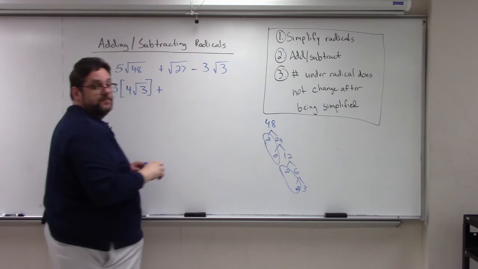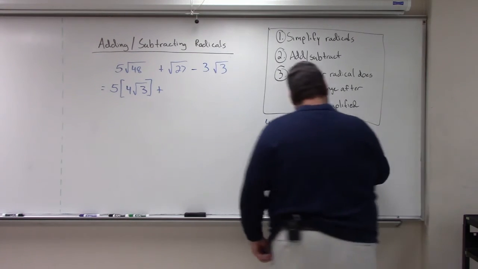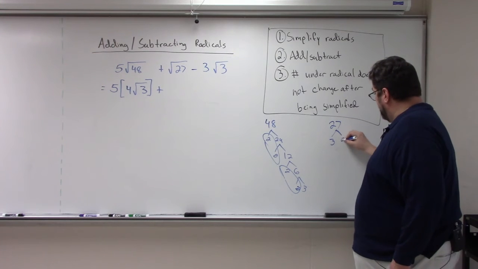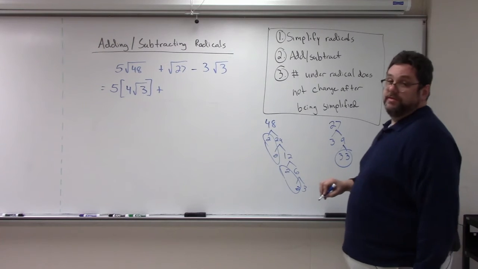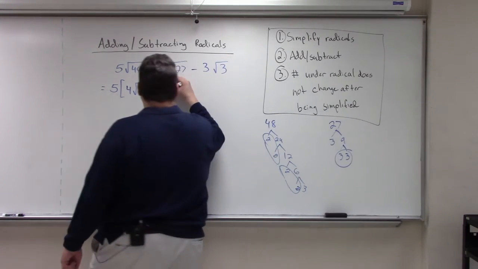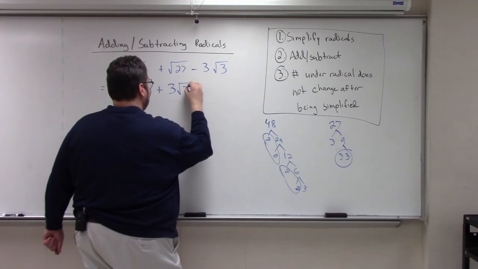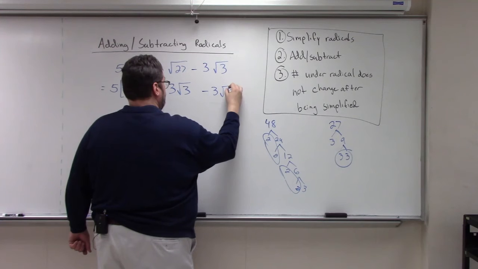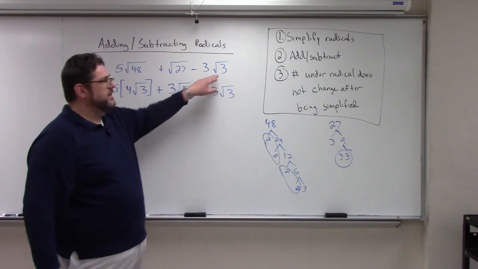plus. Now I've got to look at the square root of 27. Okay, 27, that's 3 times 9, which is 3 times 3. There's a pair of 3's right there. So this can be written as 3 times the square root of this 3, because that's left over. And then square root of 3 is just the square root of 3.